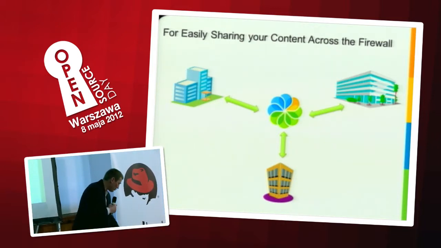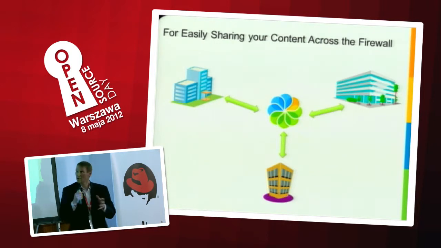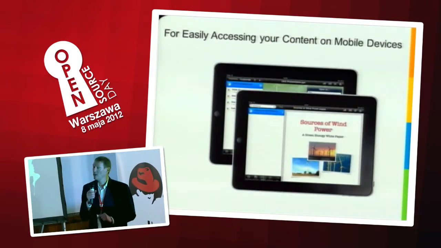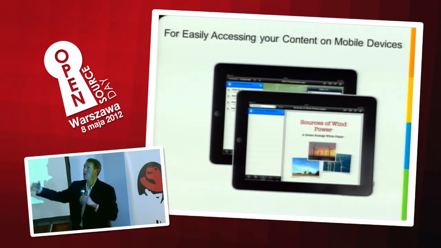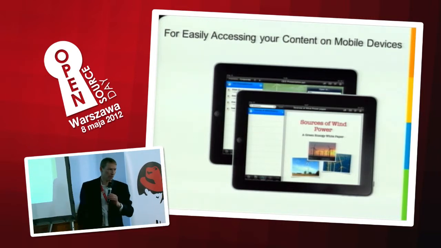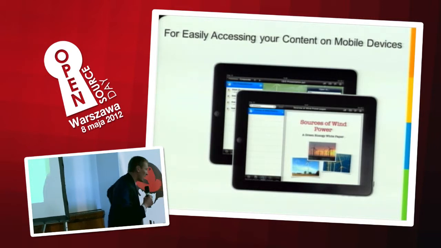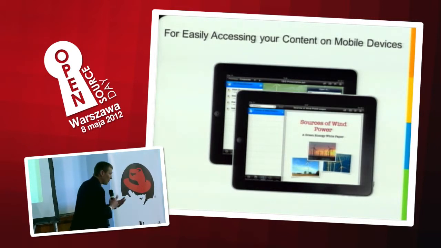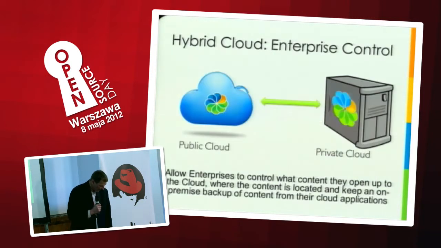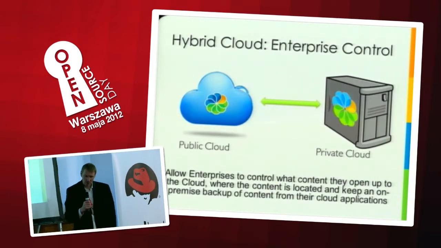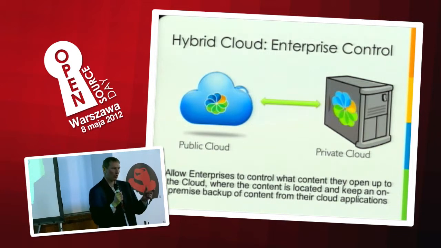We want to provide these features inside the firewall and outside the firewall to collaborate correctly. We are also providing an easy way to access the components. I'm showing that on my iPad, but that's one example. We are also working on Android to make that happen. So it must have a very good user interface, and it must also be able to collaborate.